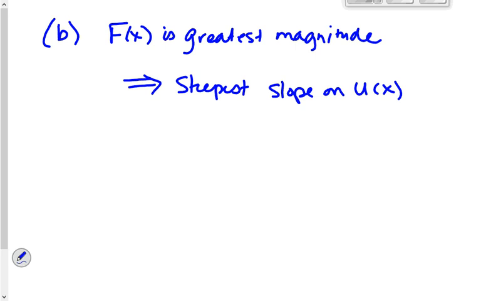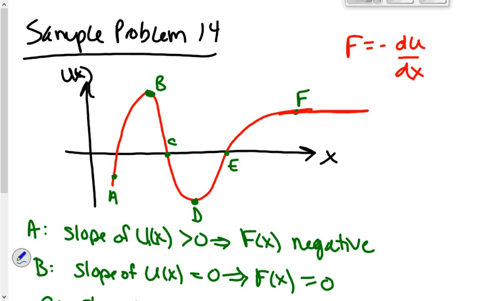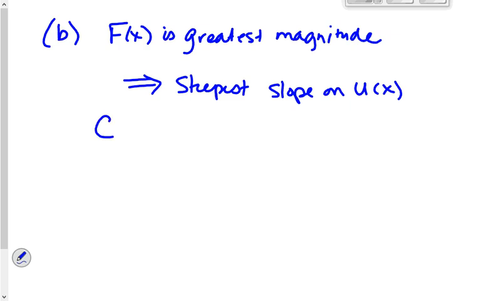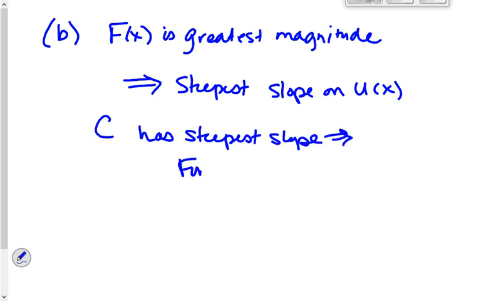So I know what the answer should be based on the original drawing, but we'll go by whatever we think it is on the drawing that I made this time. So if we go back and look, it might very well be at point C from the way it's drawn because it really does look almost vertical. So I can definitely go with that point C has the steepest slope. So therefore the force is biggest at point C.